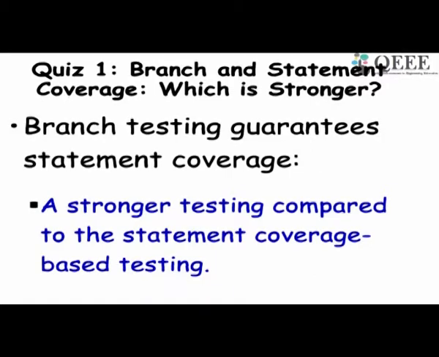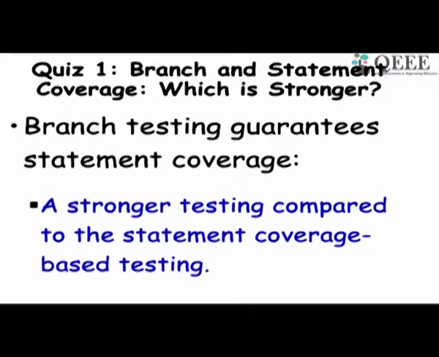Then we have that branch is a stronger testing than statement. So please listen again. We have to show that when we do branch testing, we will automatically have achieved all statement execution. But all statement execution will not really result in execution of all branches. But how do we show that?